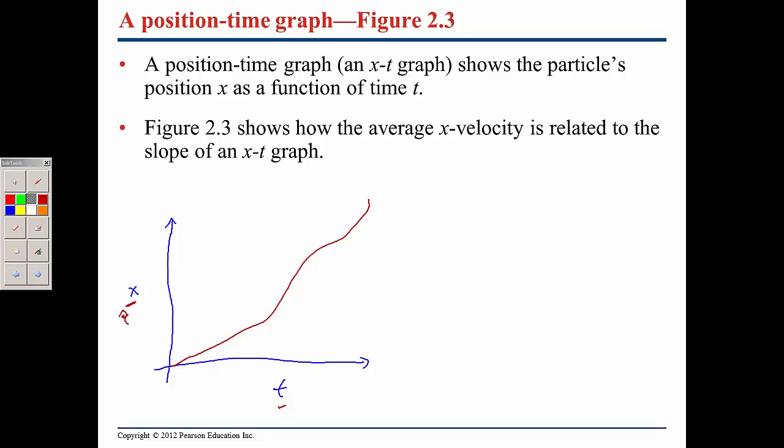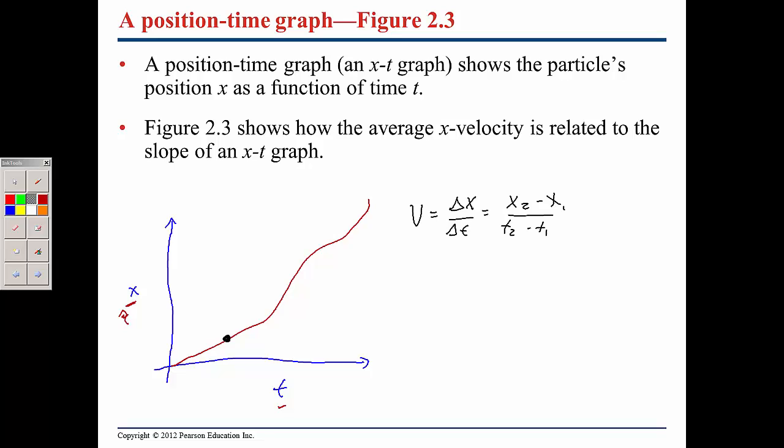And if I draw the truck's position as a function of time, then I can look at what the velocity really means. We know that the velocity is equal to the change in position divided by the change in time, or x2 minus x1 divided by t2 minus t1.